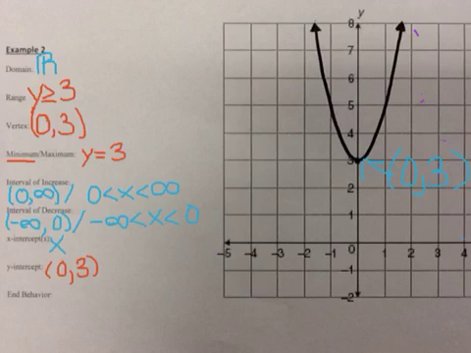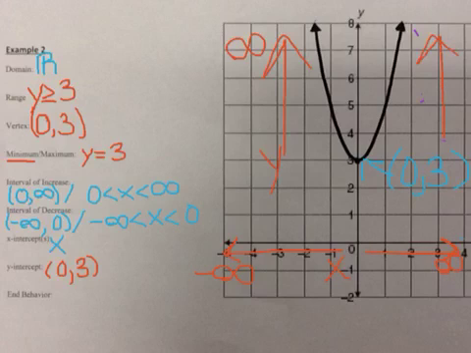So let's talk about end behavior. Once again, as x approaches negative infinity, what is the y doing? Y is going up to positive infinity. Okay. As x goes to positive infinity, what is the graph doing?